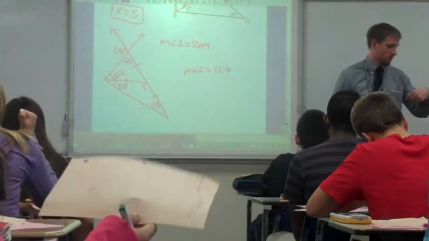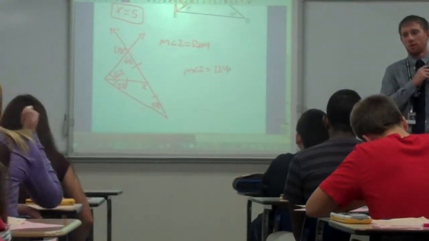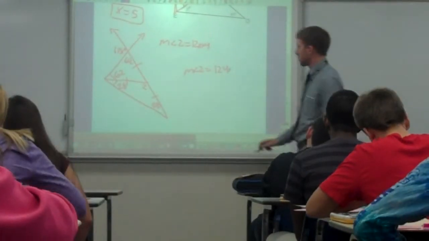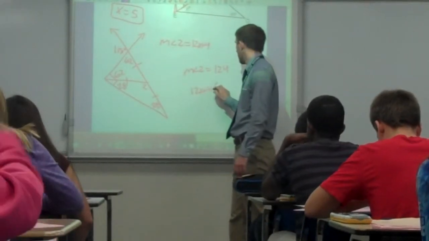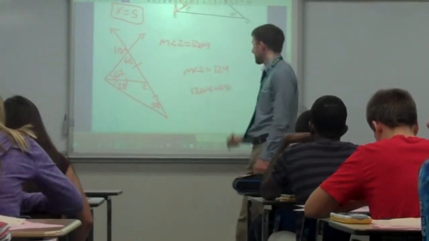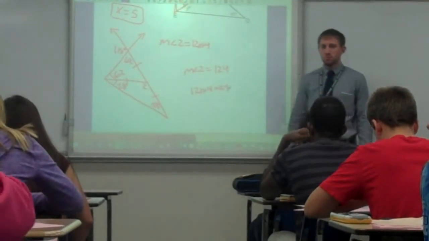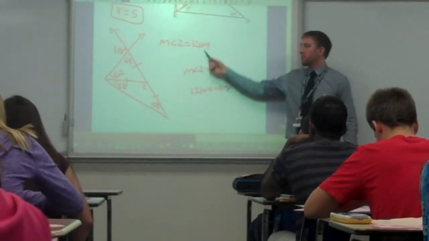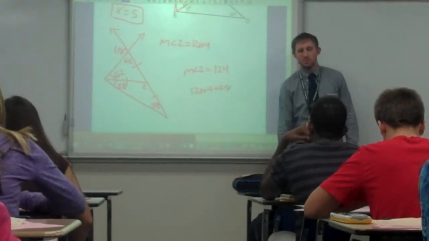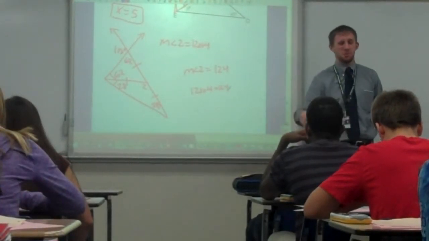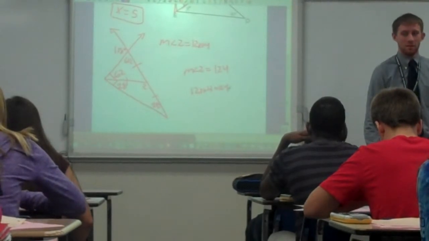Next step. Marissa, why is 12x plus 4 equal to 124? So what property did you use? You can use substitution. There's a better one than I was thinking of.